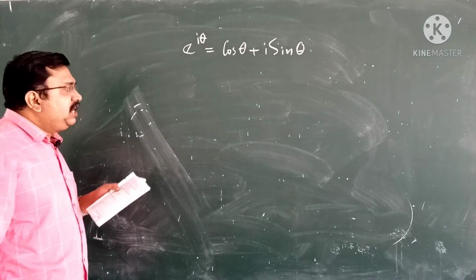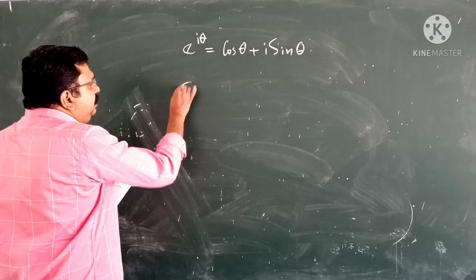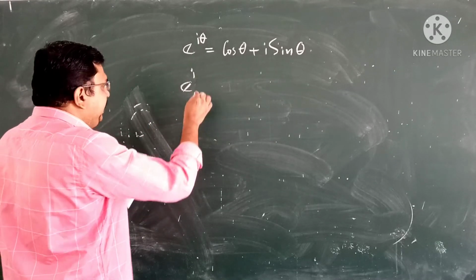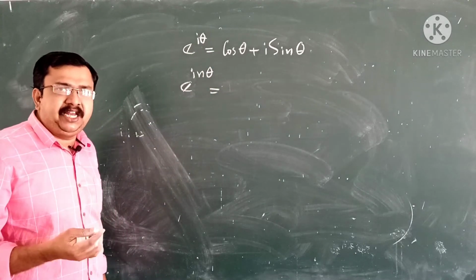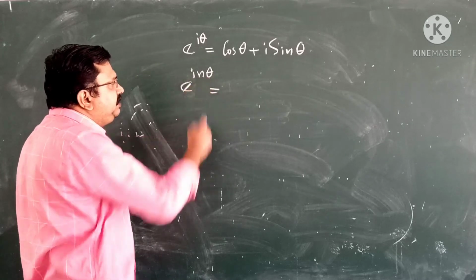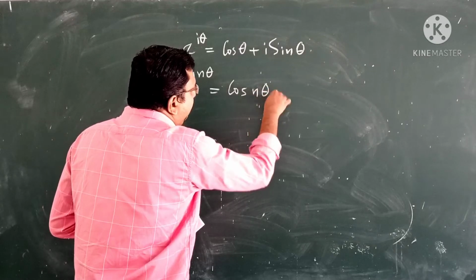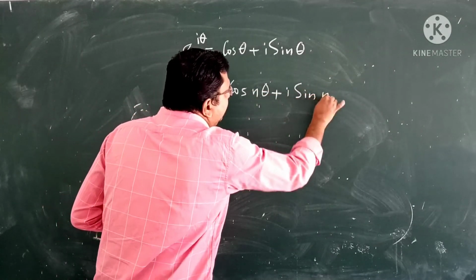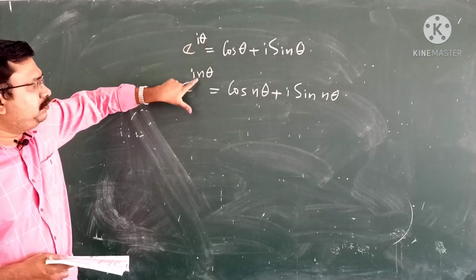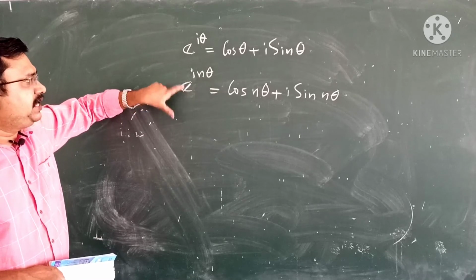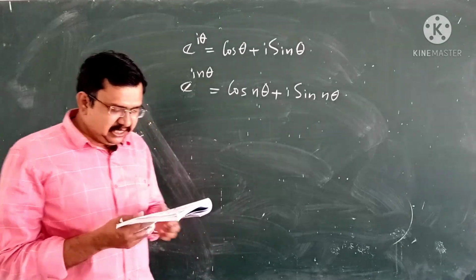Now if we replace theta with n theta, then e raised to i n theta is equal to cos n theta plus i sin n theta. Remember that if theta is replaced by n theta, we obtain e raised to i n theta equal to cos n theta plus i sin n theta.